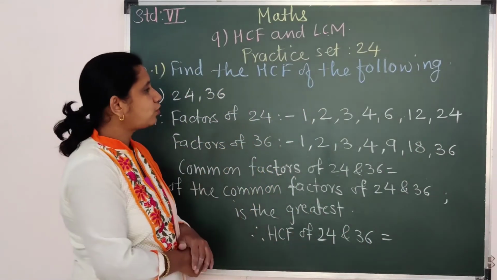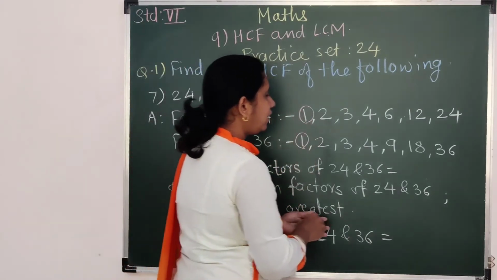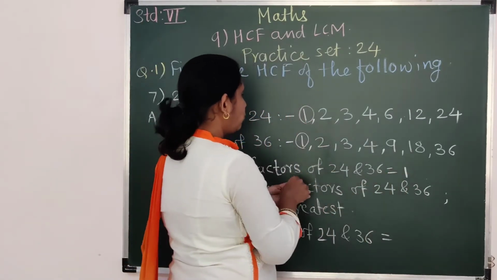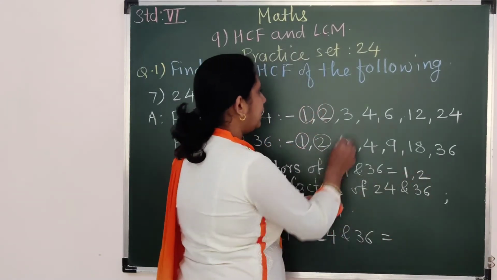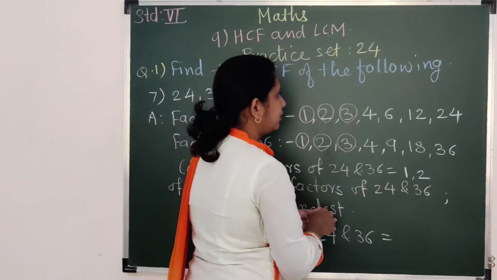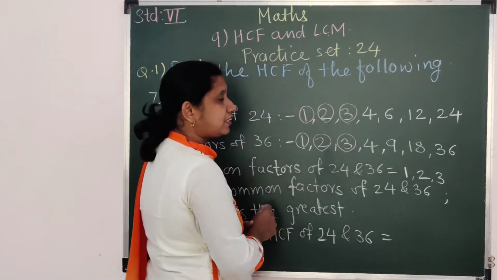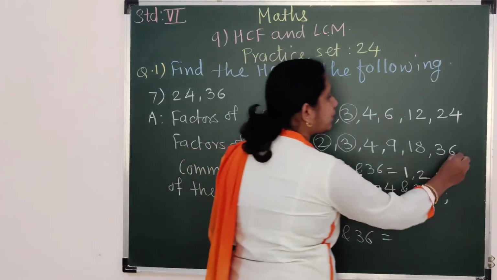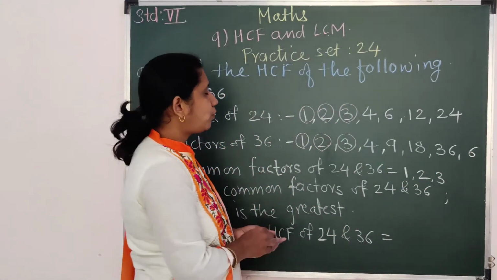So the common factors of 24 and 36. Let us make the circle: 1, then 2, 3. Children, 36 is divisible by 6 also. Let me write that factor at the last, which I left out. No problem.